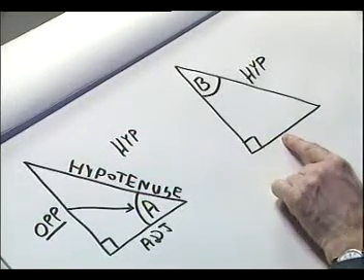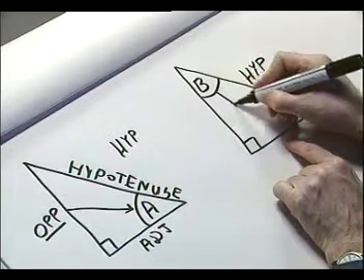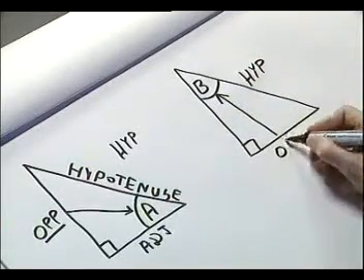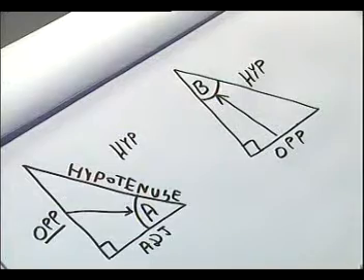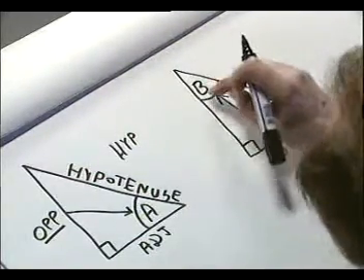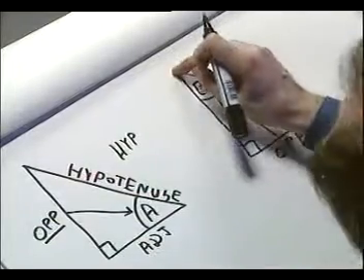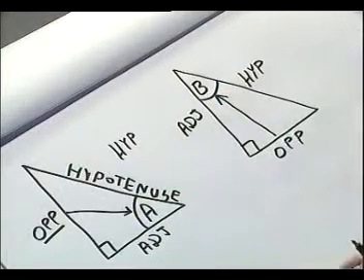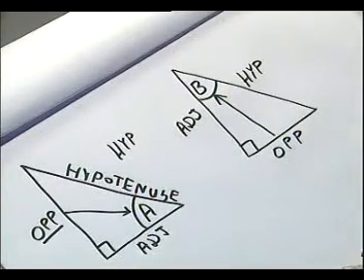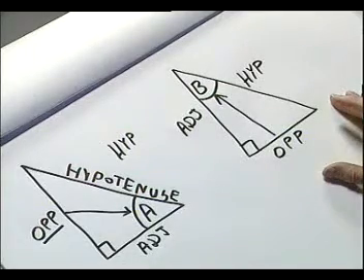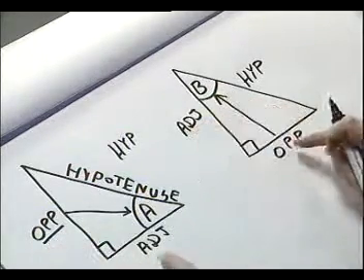But it's now this side which is opposite, across from the angle B. So this side is now the opposite side. It's now this side which is a part of the angle, which is alongside the angle, which is adjacent to the angle. So if we change the angle that we're talking about in a right angled triangle, we change the labels.